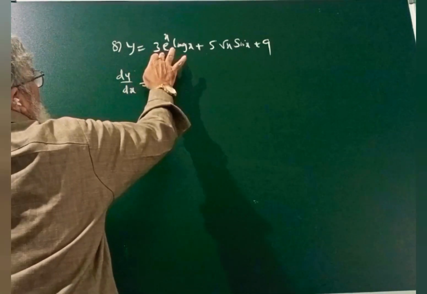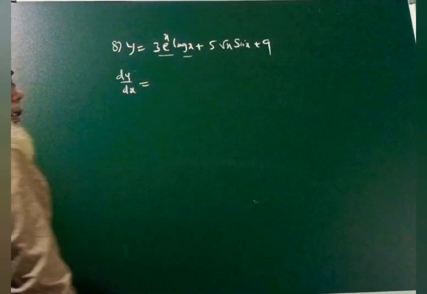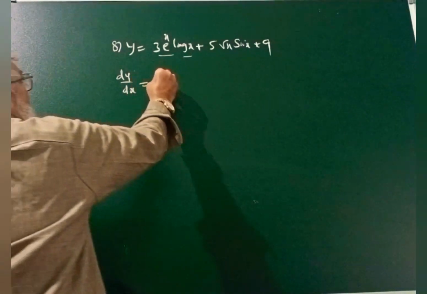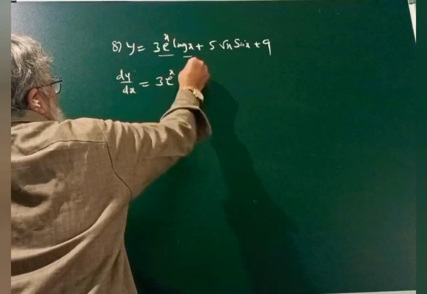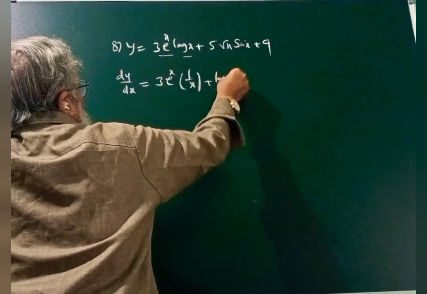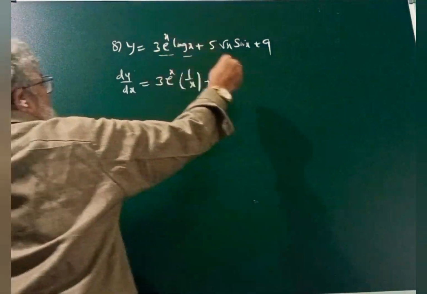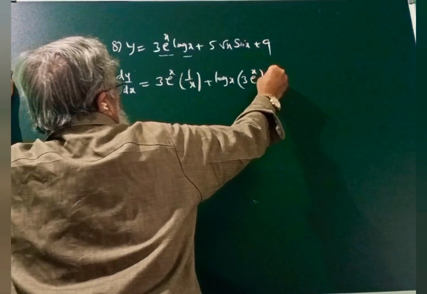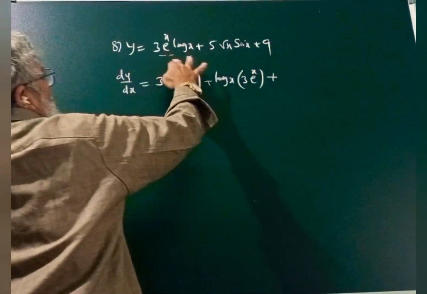Here this is a product rule. 3e raised to x is u and log x is v. So first function as it is, differentiation of log x is 1 by x. Second function as it is, differentiation of 3e raised to x is 3e raised to x log x. Again differentiation, it is over.